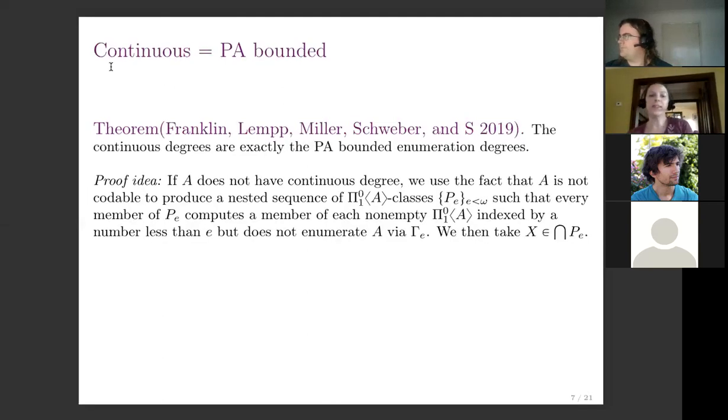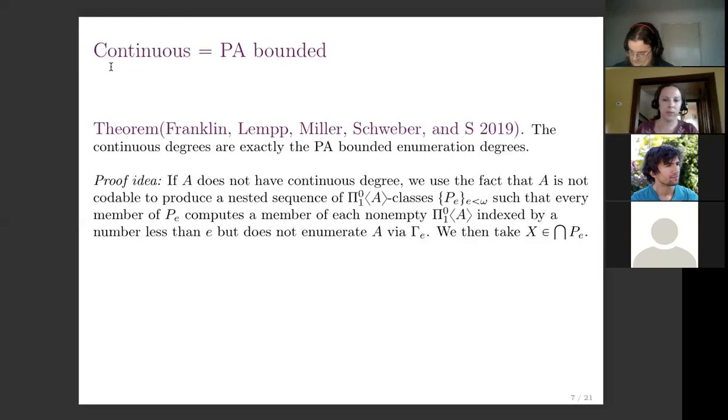And the proof idea, I won't say much about it, but let me just point out that codable here is, again, very, very useful. So the general idea is that we build a kind of nested sequence of Pi-0-1 relative to A classes. Every new, smaller class has the property that every member of that class computes a path in all previous non-empty Pi-0-1 classes.